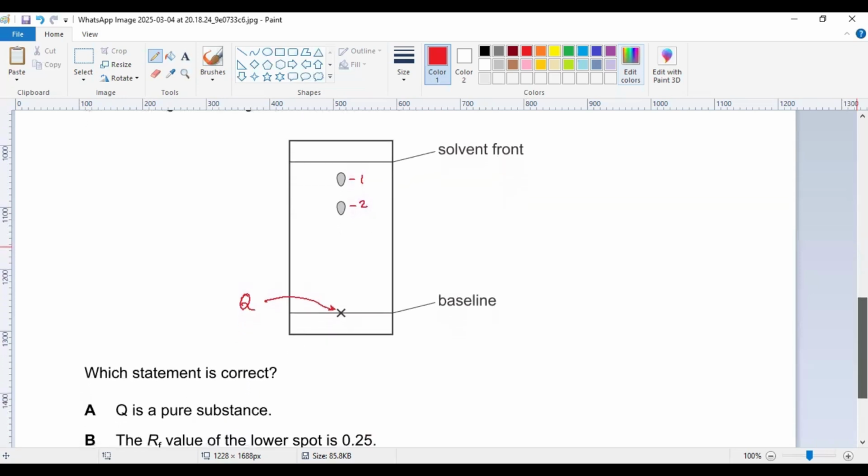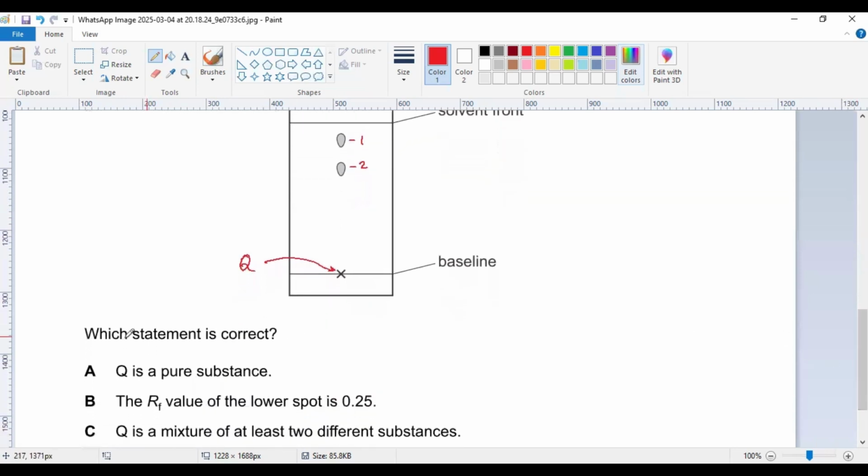Which statement is correct? Q is a pure substance. No, it is a mixture because it splits into two compounds. The Rf value of the lower spot is 0.25. How can we determine the Rf value?